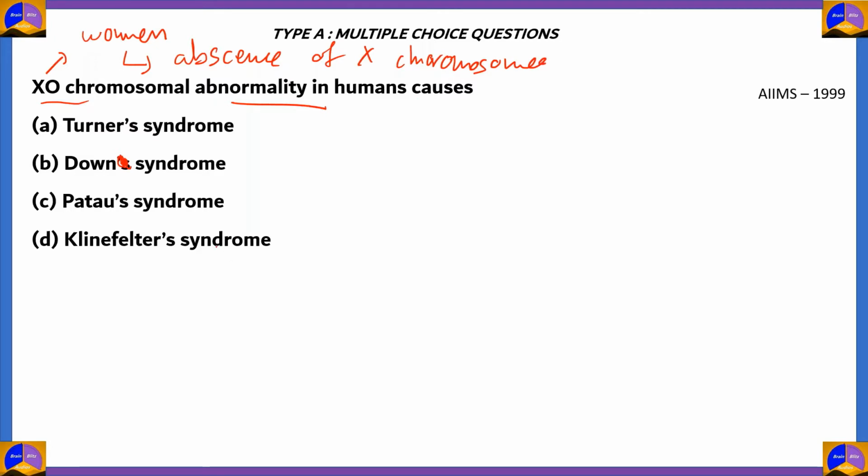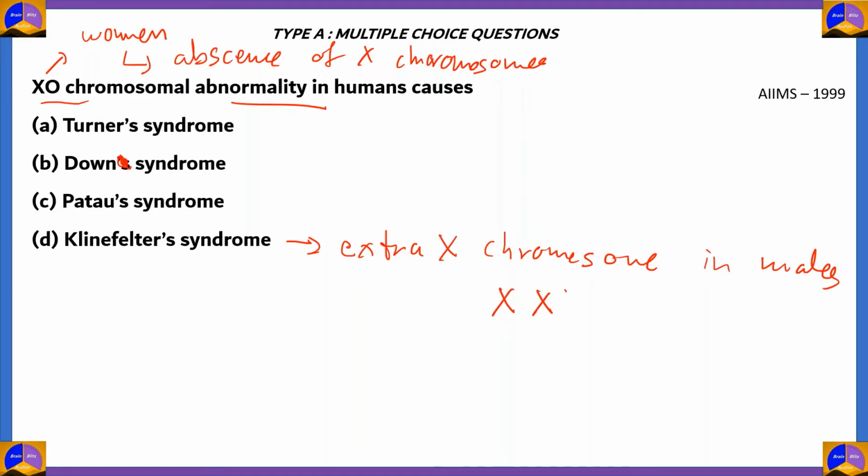Let's look at each of these syndromes one by one. Option D, Klinefelter's syndrome. In Klinefelter syndrome, we have an extra X chromosome in males. So it'll be of the form XXY instead of XO. So option D is incorrect.